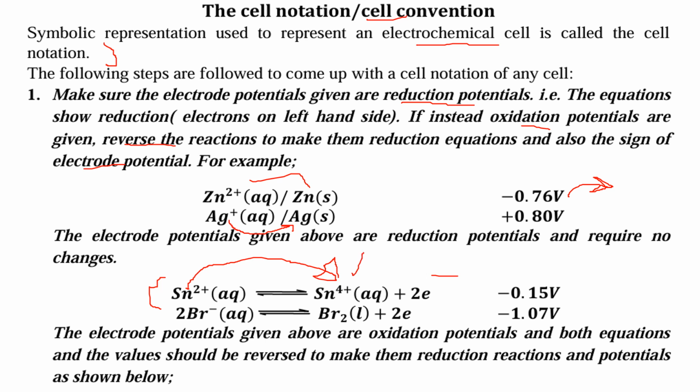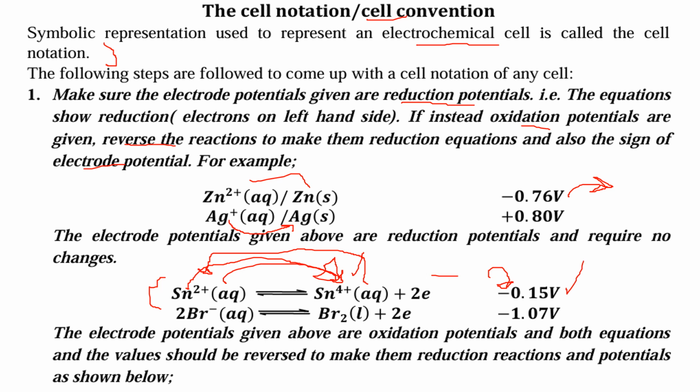It is proceeding with an increase in the charge. So what we do is reverse these equations, but as we reverse them, the sign present on the EMF also changes. What is present on the right hand side is shifted to the left, and what is present on the left comes to the right hand side. After reversing them, we change the sign present on the EMF of that cell.